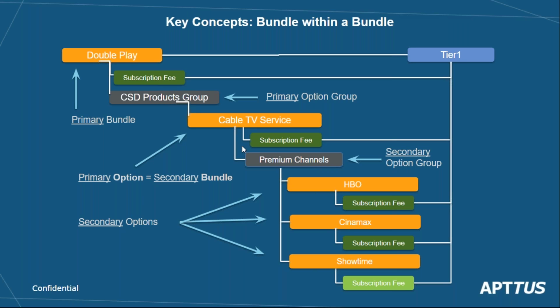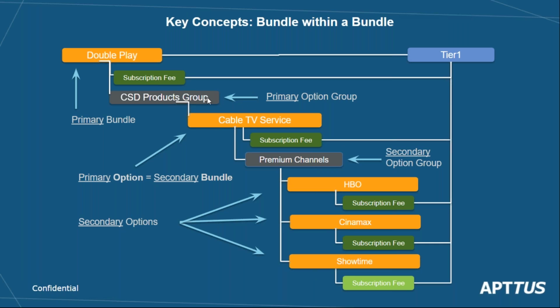Then I have secondary options under this, that is HBO, Cinemax, Showtime, and then I have a secondary option group. So this is my primary bundle, and cable TV is my secondary bundle because it has option products inside it. So it is primary, then secondary, and then we have the secondary options. This is how a bundle within a bundle structure looks like as a flow chart.